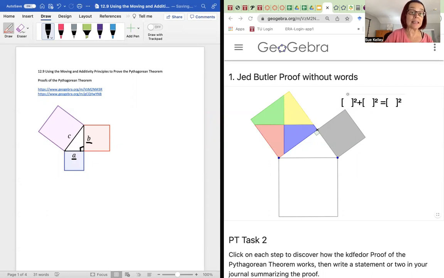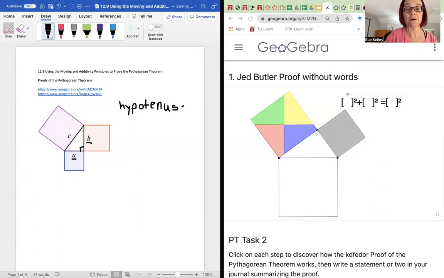Now C is this other side that is opposite the right angle. And C has a special name. You probably have heard it before, but we call it the hypotenuse. I should have written this out before because I'm terrible at drawing with my finger on the mouse pad.